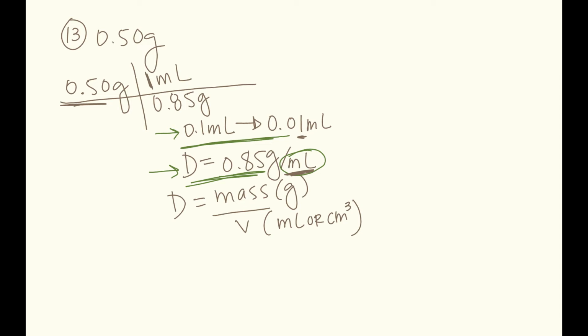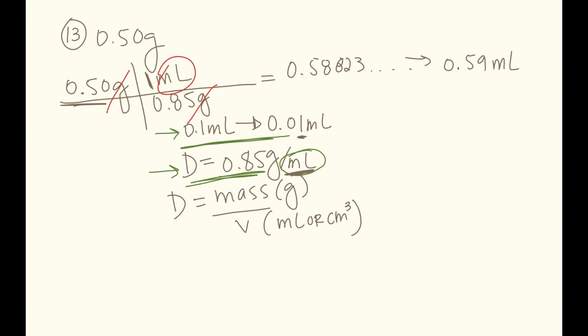If I calculate that out, 0.50 divided by 0.85, two significant figures, I get 0.58823 and so on, which rounds to 0.59 milliliters, because my grams have canceled and I'm left with milliliters.